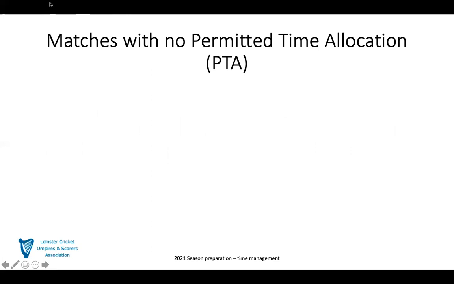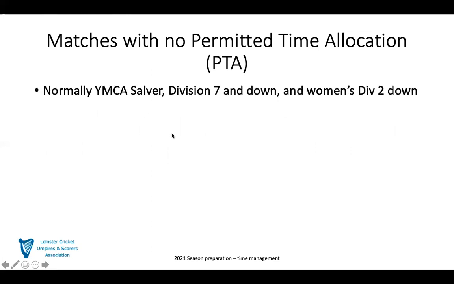So what are we talking about with permitted time allocations? All matches in Leinster have one of two things. They either have a permitted time allocation, and we'll go into that a bit in a minute, but most matches in Cricket Leinster don't.